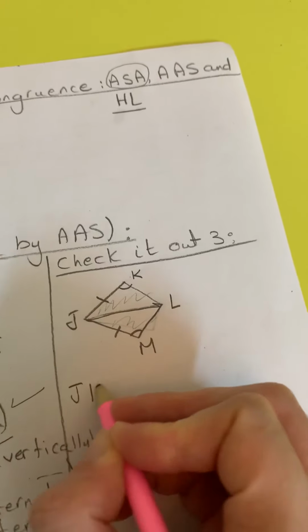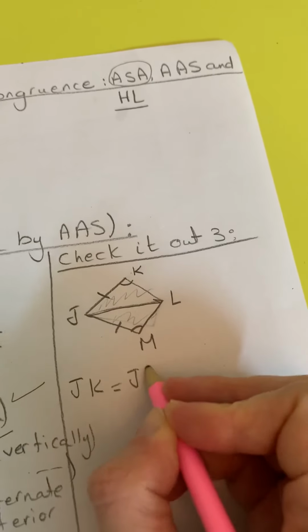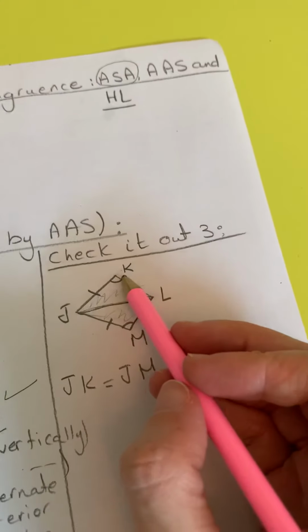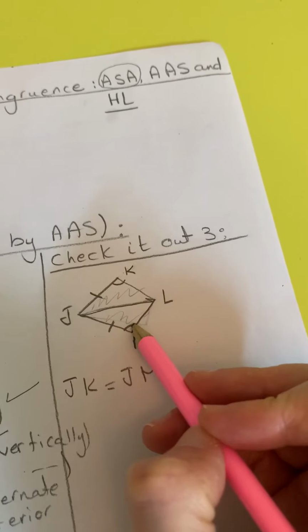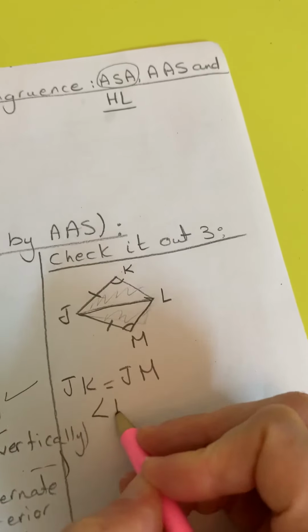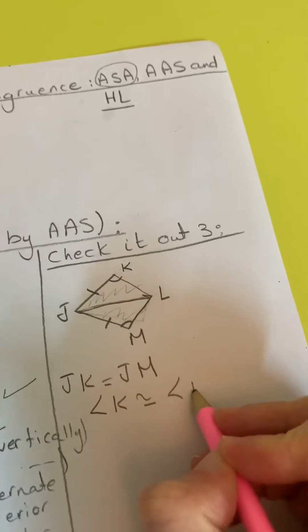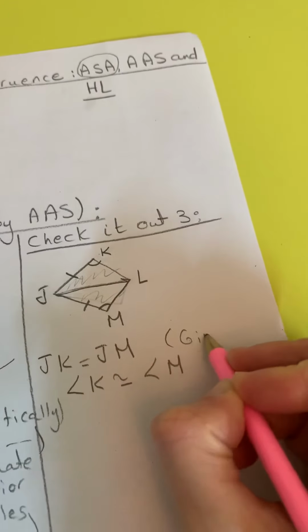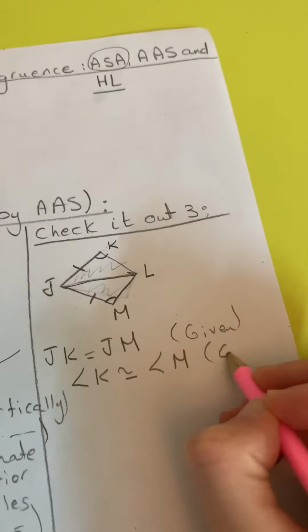So JK is equal to JM, given. And you can clearly see that angle K is congruent to angle M, because it's also given.